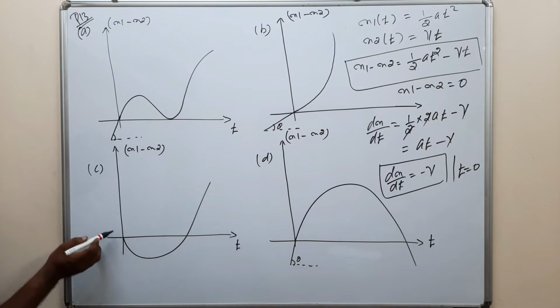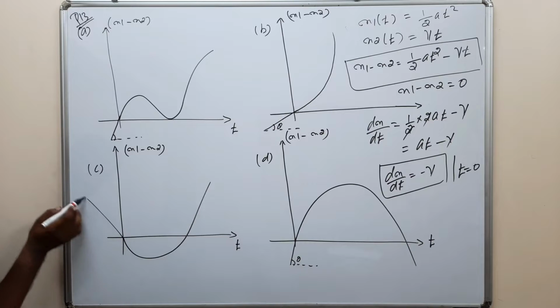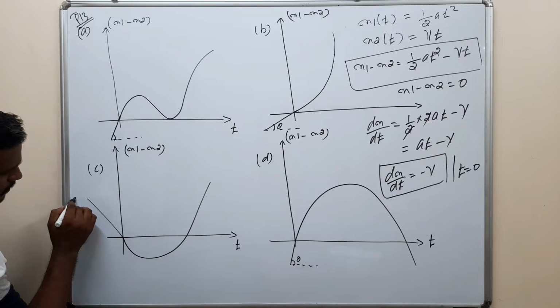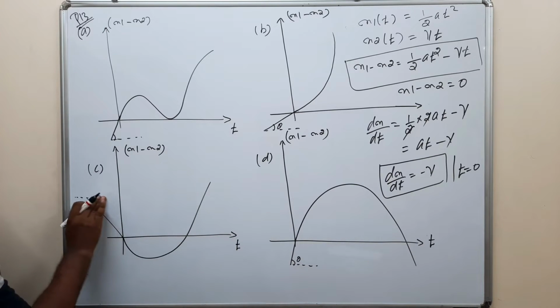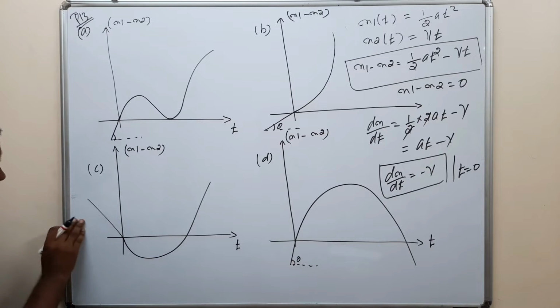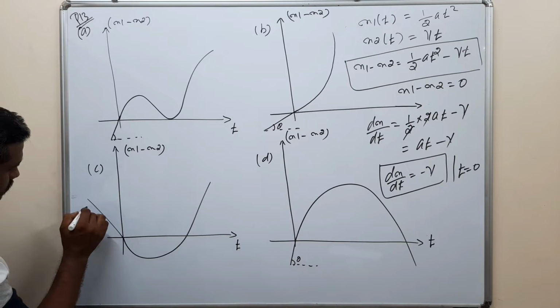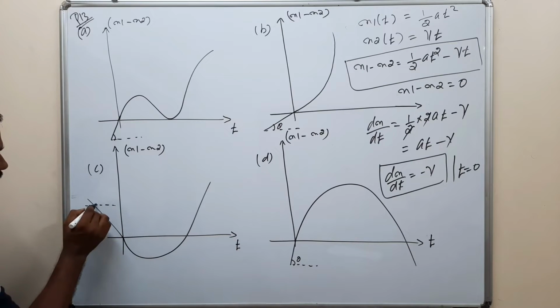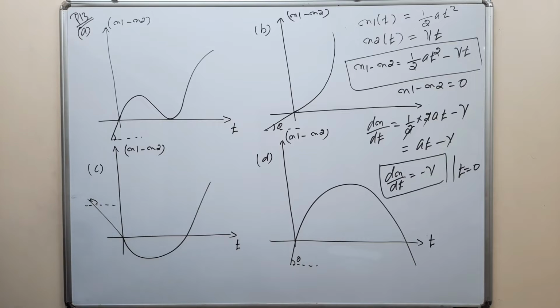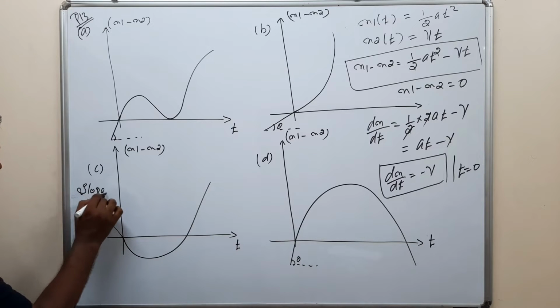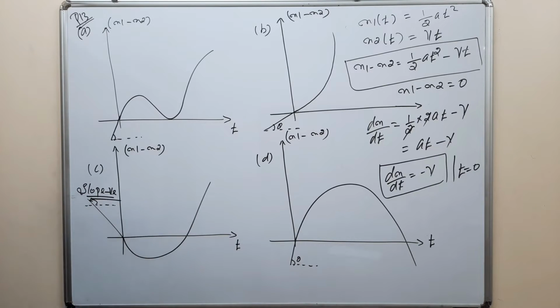In this one, the slope is greater than 90 degrees, so here the slope is negative.